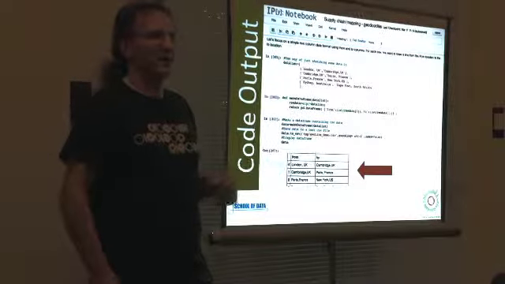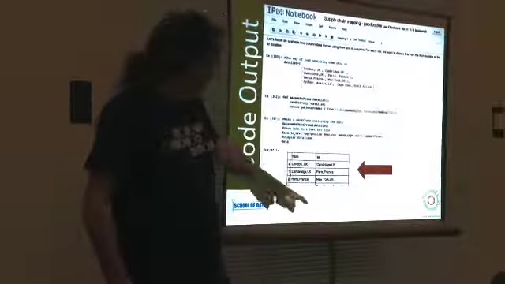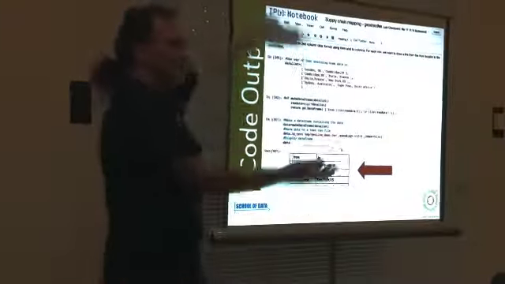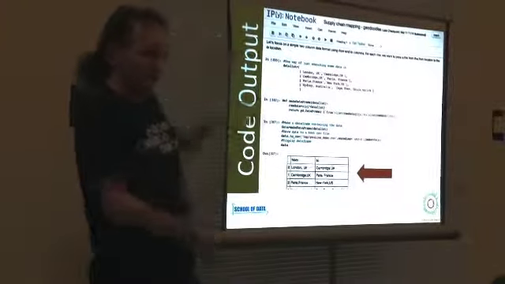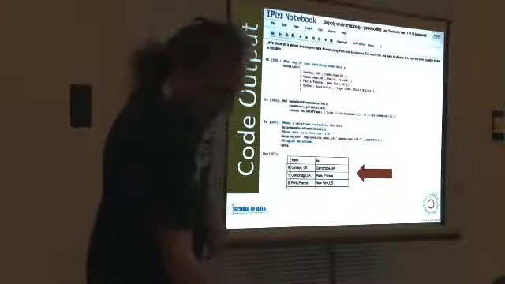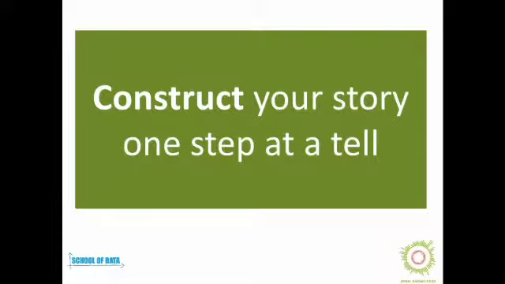This is my conclusion. We can go from introduction, method, results, conclusion, in very small blocks. We can put these all in our living, reproducible documents. And we can produce rich outputs as well. So that's just one of the things about these documents: you can construct your story one step at a time.